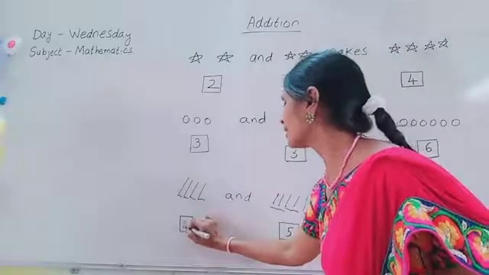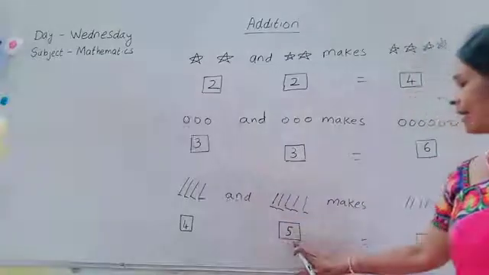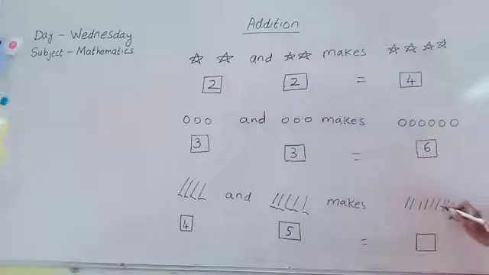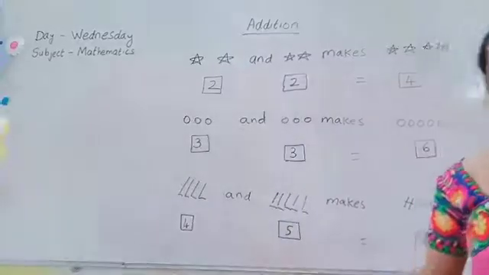So we will write 4 here. 4 and 5 makes how many? 1, 2, 3, 4, 5, 6, 7, 8, 9. Okay. So we will write 9 here. Yes, dear kids. In this way you have to do it in your textbook also. So we will do it now.